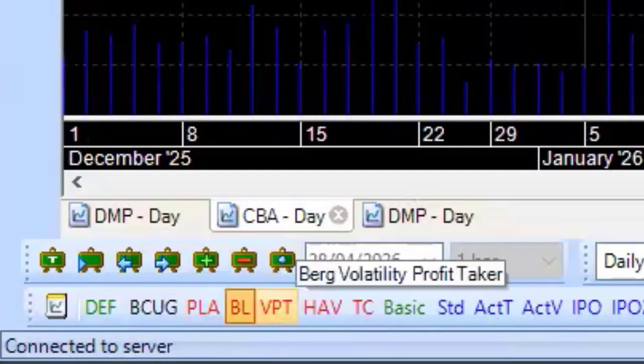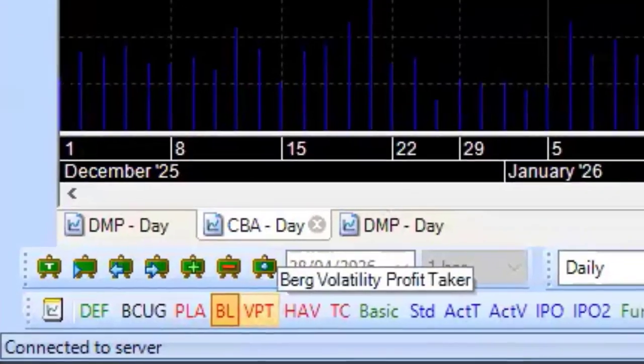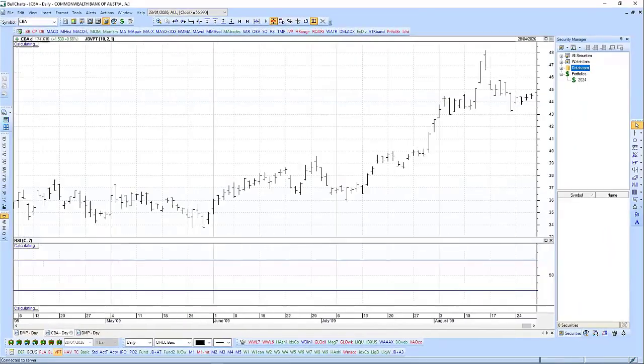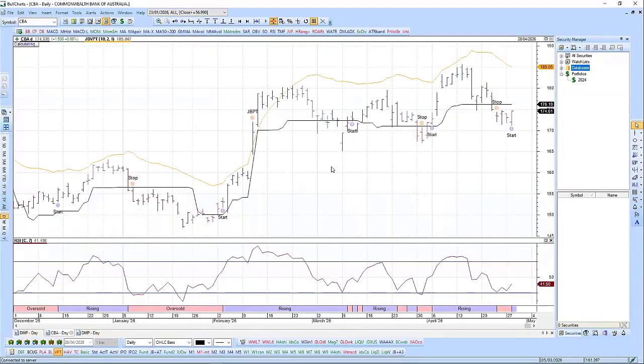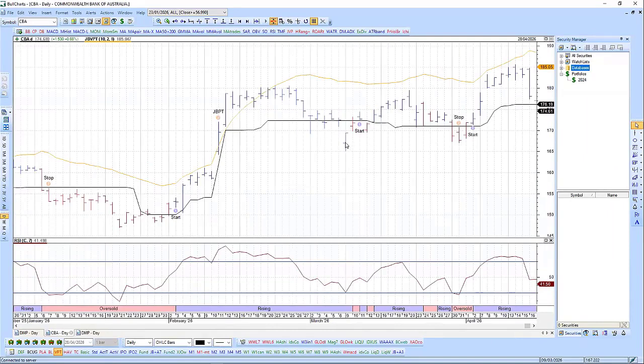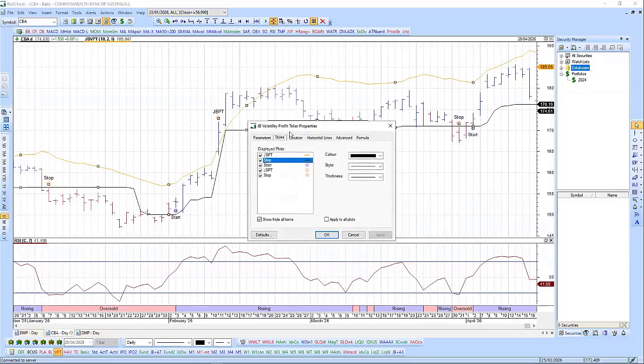The third one, VPT, is the Berg Volatility Profit Taker. So that's got, again, the open, high, low, close bars, plus Jim Berg's Volatility Profit Taker indicator. There are the properties of that indicator.